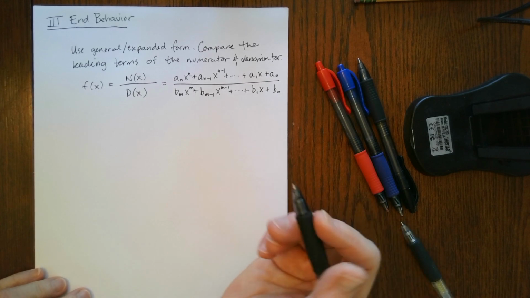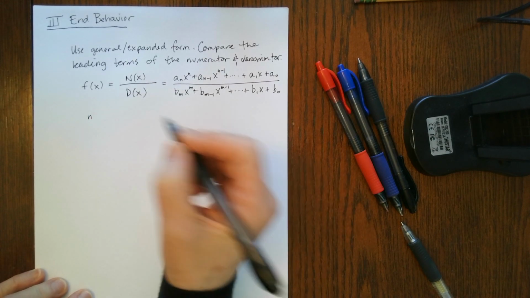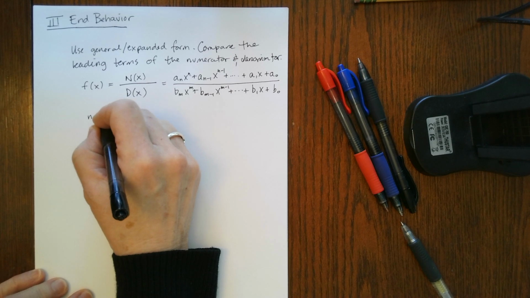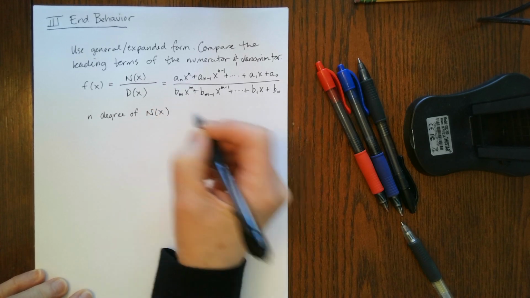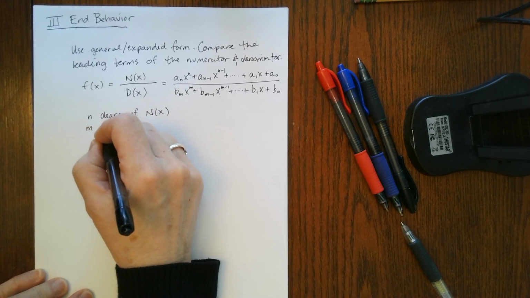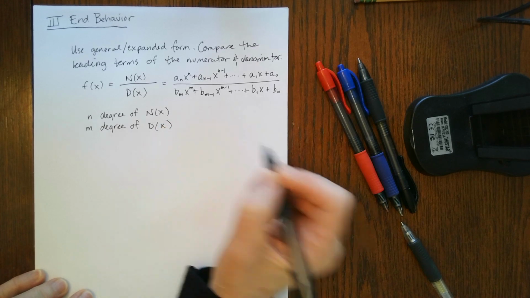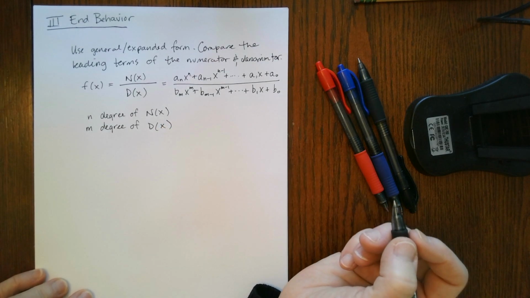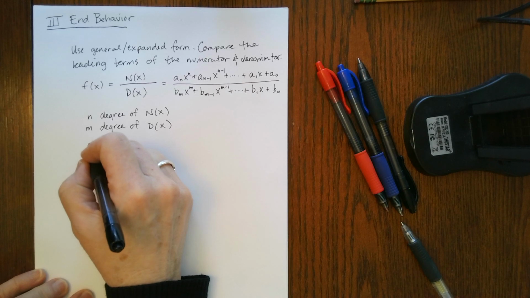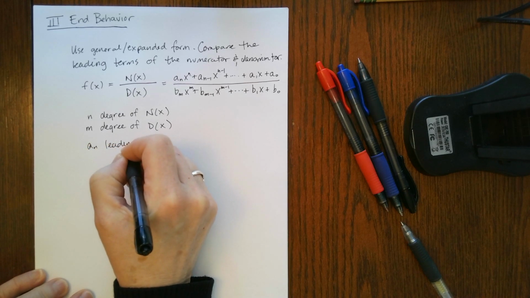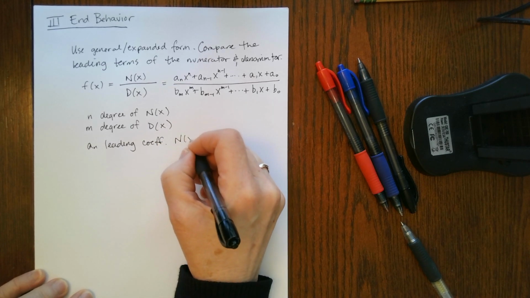So for this rational function, n is going to be the degree of the polynomial n(x). m is going to be the degree of the polynomial d(x), and the leading coefficient of n(x) is going to be a_n.